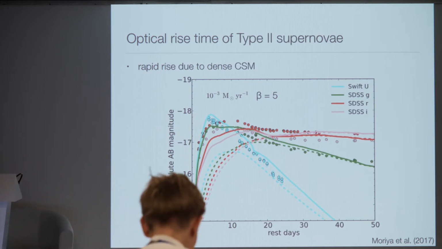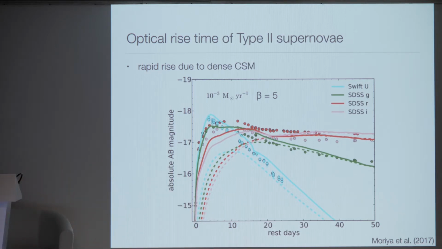So in this particular supernova, we could constrain both from the spectra and the light curve what kind of dense circumstellar matter is required to explain this property found just after the explosion. And to explain this rapid rise in the light curve, it was natural to have this kind of dense circumstellar matter just above the progenitor.